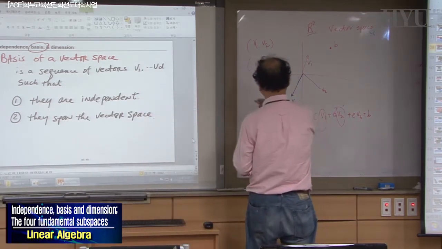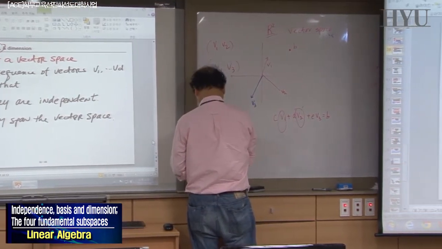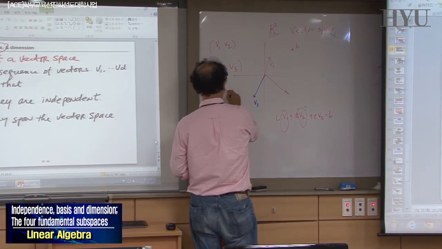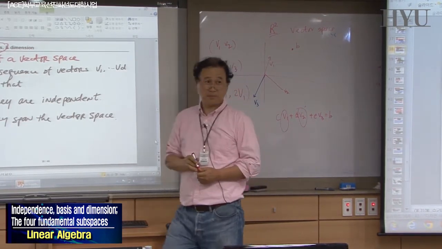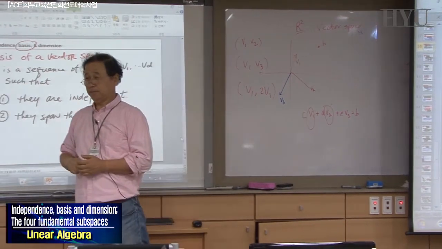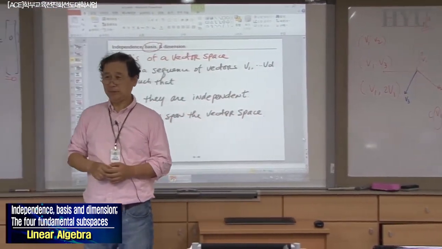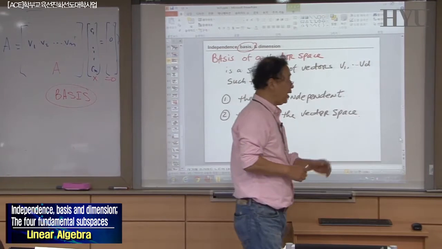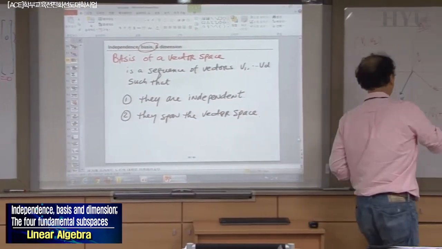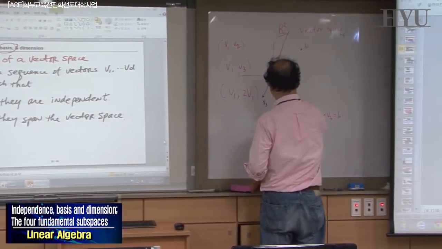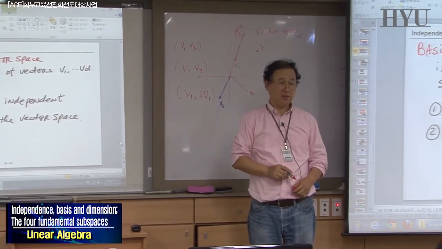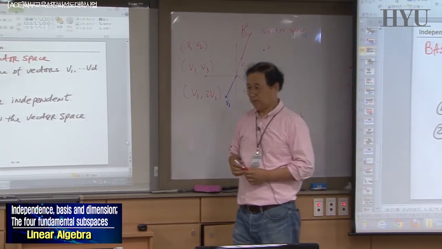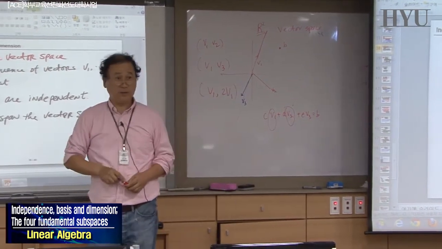How about V1 and 2V1? Why not? When you combine them, the only points we can make are on this line. Right? That's why. So the concept is actually pretty simple, right?